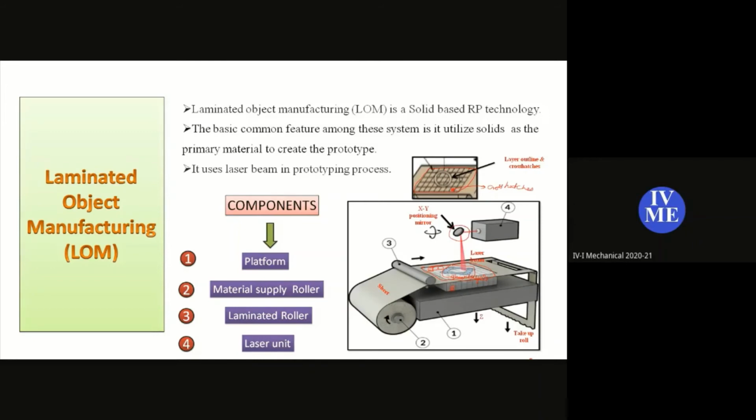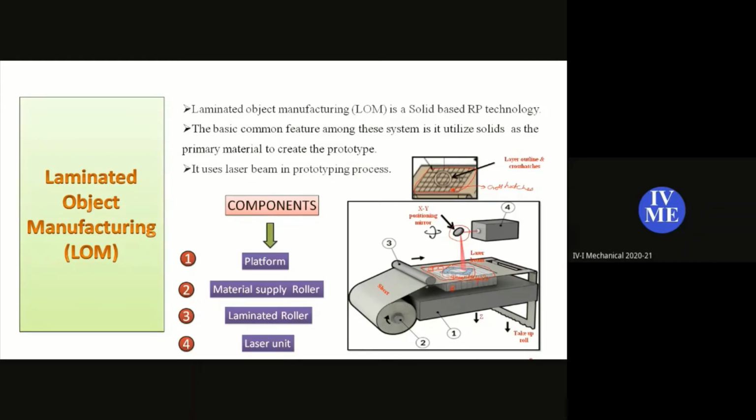This is important and also comes in competitive exams. What type of laser beam is used in laminated object manufacturing? The answer is CO2 laser.